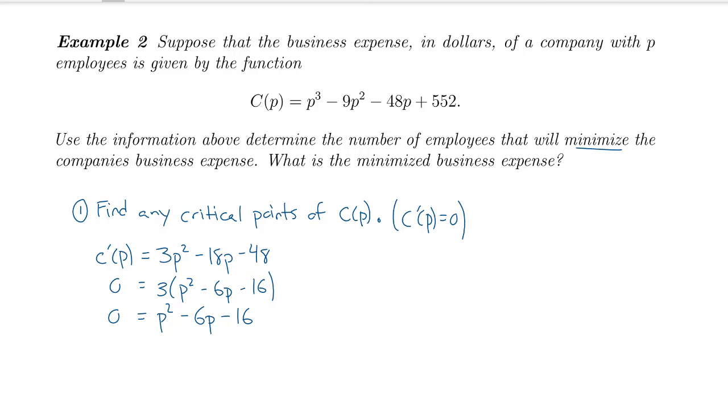So, all right, from here I can see that this factors into the quantity p plus 2 times the quantity p minus 8, okay? If you don't see the factorization, no big deal, just use the quadratic equation.